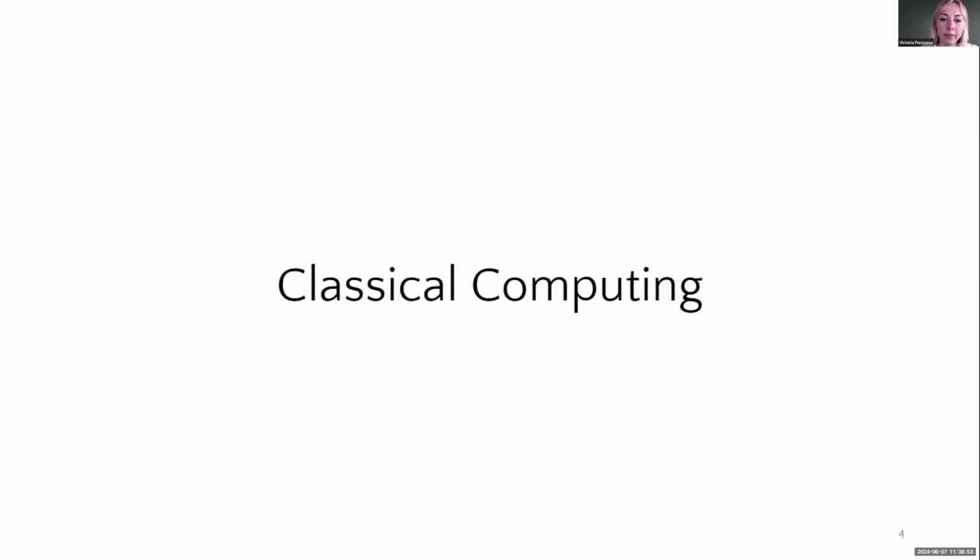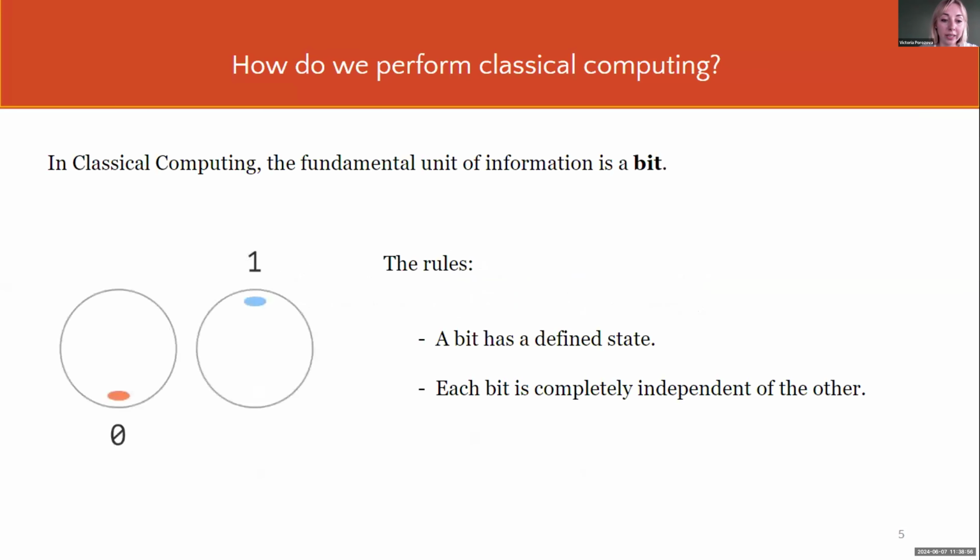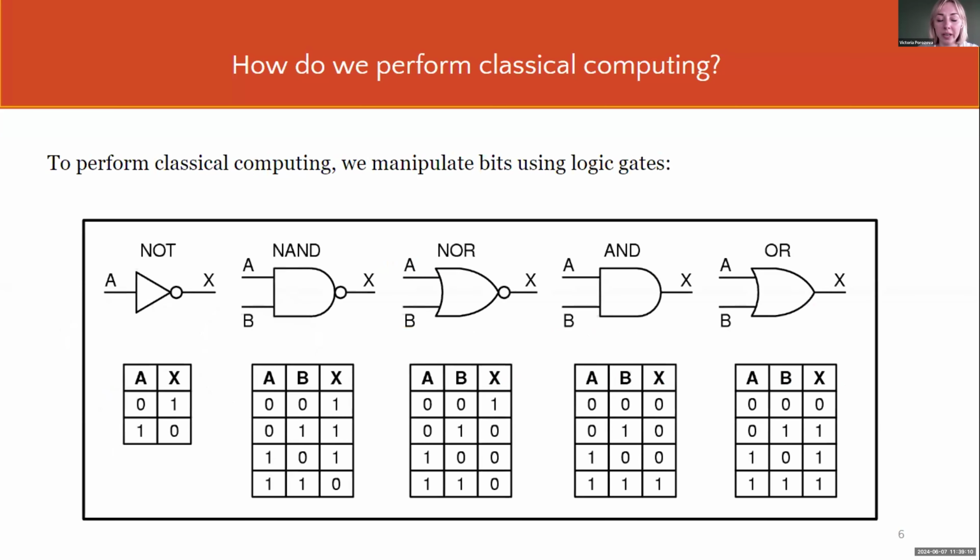So now classical computing. In classical computing, we have a bit and the system would be in a defined state, either 0 or 1. And bits will be completely independent one of another. And we have some classical operations, like those truth tables. You're probably familiar with them because you're computational scientists, researchers.